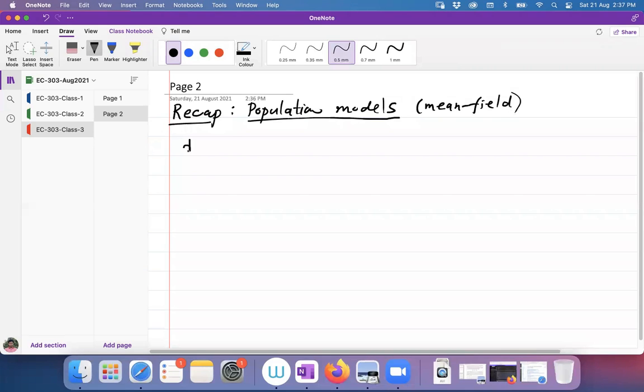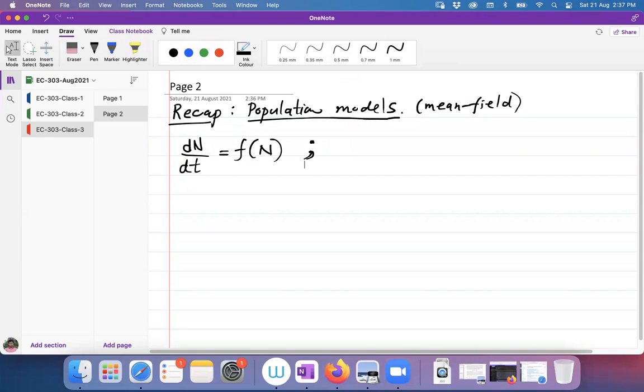So the most general form for a single species will be of this form, right? The rate of change of population is given by f of n. And how do we understand this? We understand this in terms of equilibrium and stability. So what is an equilibrium?